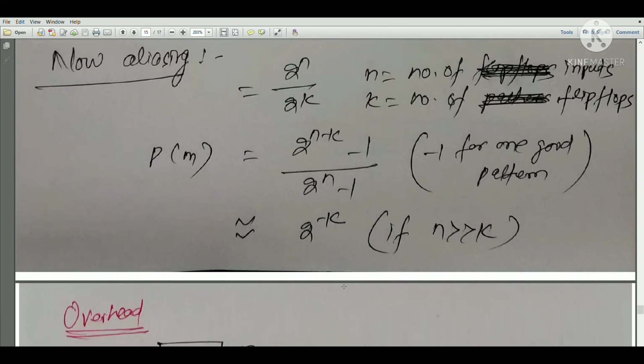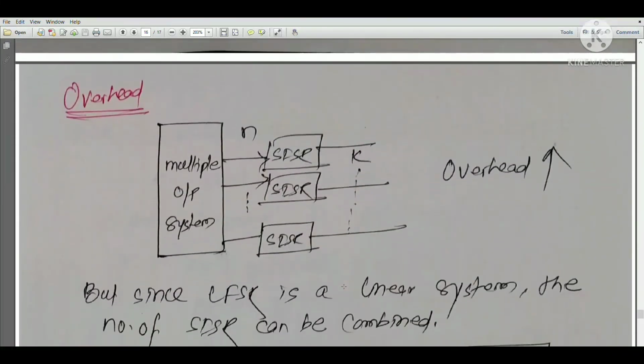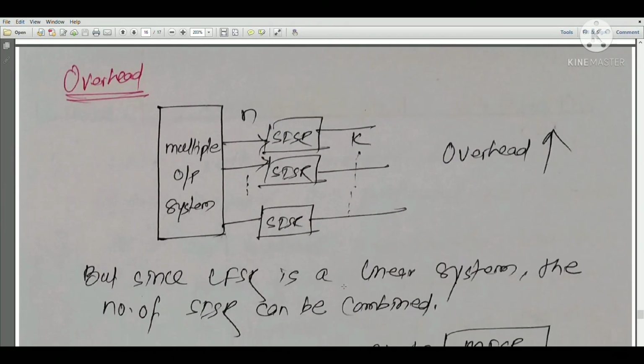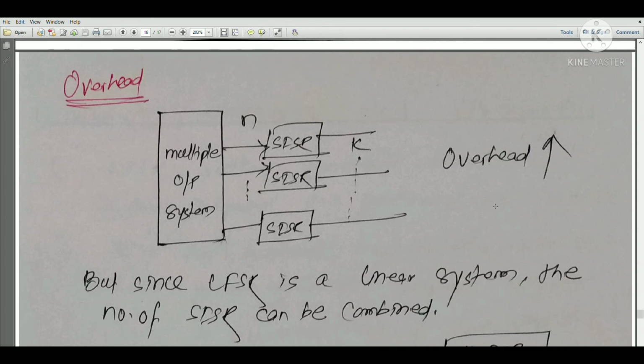Now what are the overheads? As we discussed in case of the scan design also, we have to discuss the overheads here. Now till now whatever things we discussed, that is for one output only. So for one output, one SISR, single input scan register, must be there, then another single input scan register, and so on. So the number of LFSRs will be there. So if the number of inputs and number of flip-flops are higher, the overhead of your circuit will certainly increase.